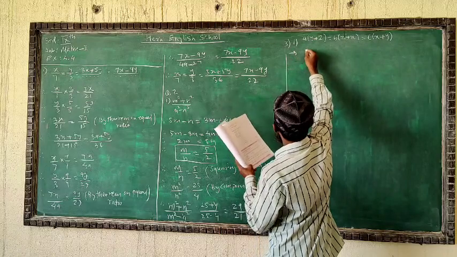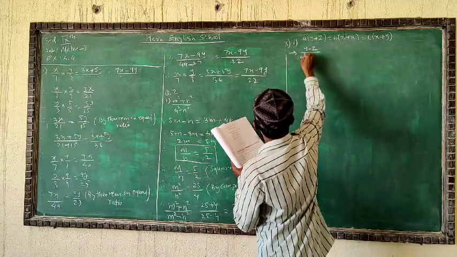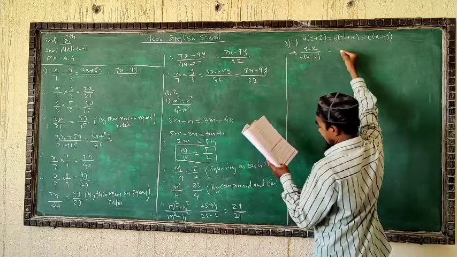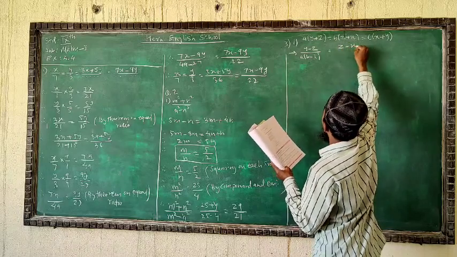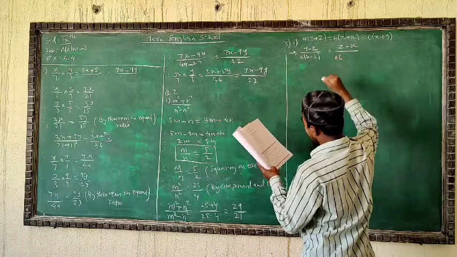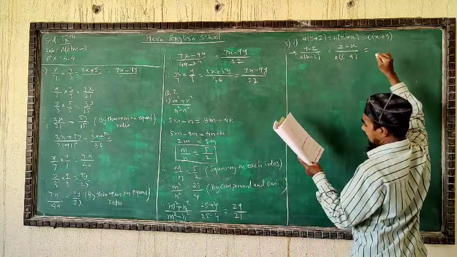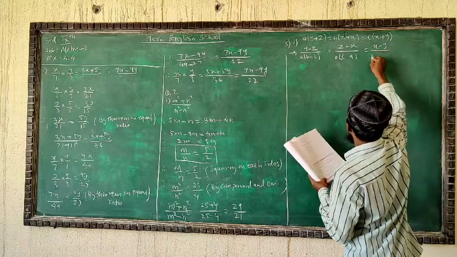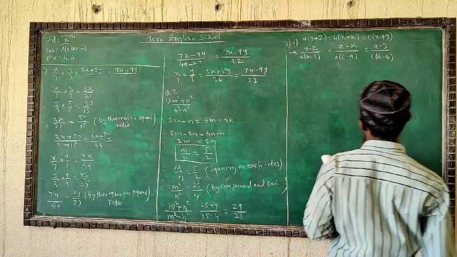We have to show y minus z upon a into bracket b minus c, next z minus x upon b inside the bracket c minus a, and next x minus y upon c inside the bracket a minus b. This is what we have to prove.